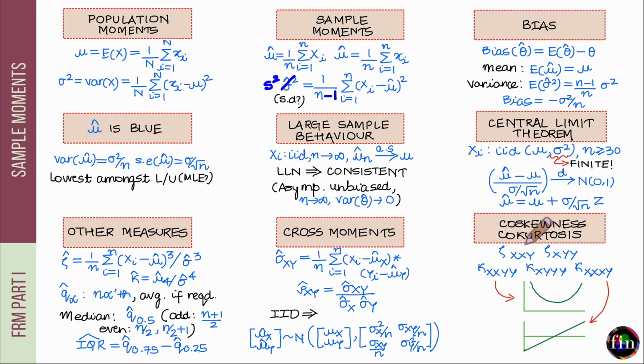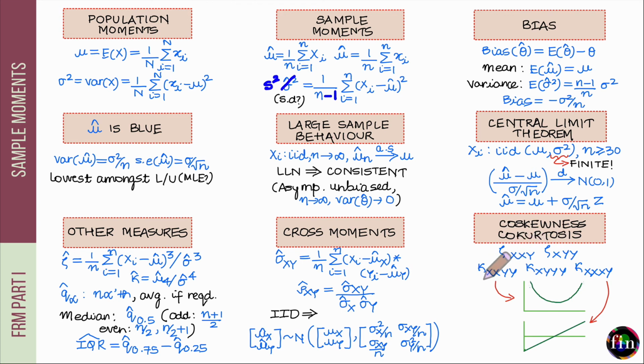For example, if this coskewness is positive, it means that whenever x experiences a high deviation from its mean in either direction, there is a high chance that y will experience a positive deviation from its mean. Why? Because this coskewness is positive.